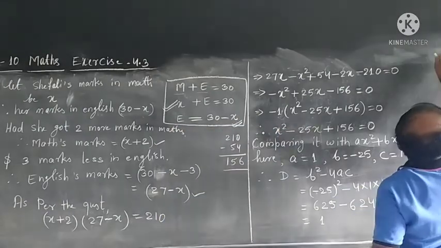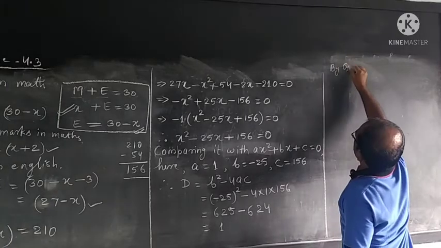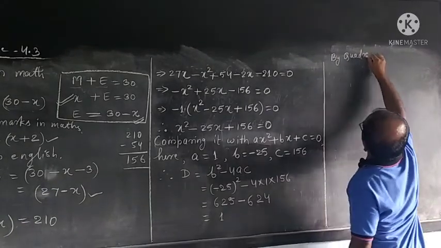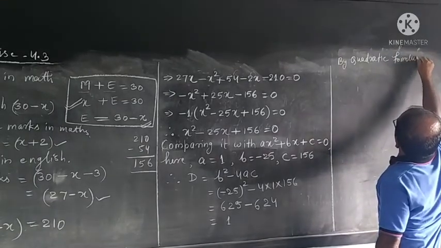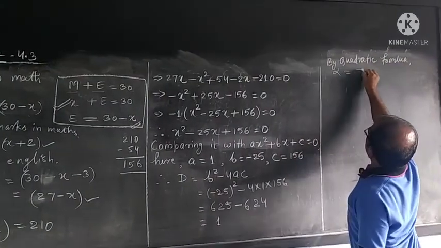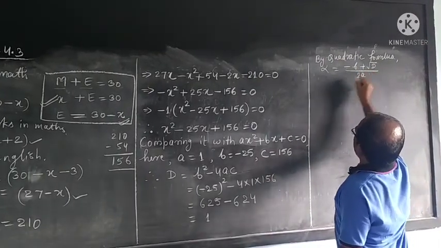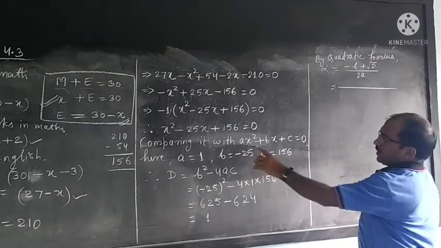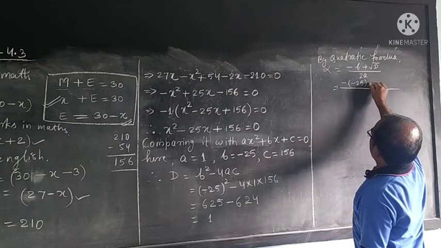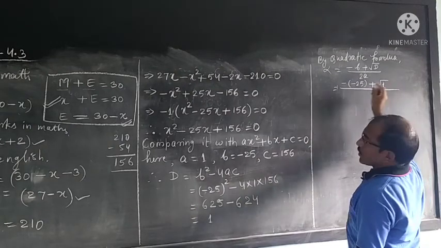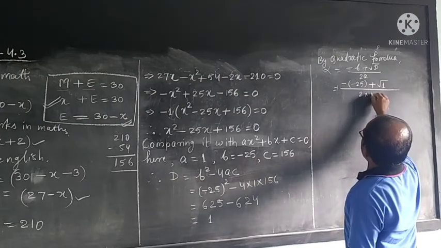Let us now use the quadratic formula and find her marks. Alpha, the first root, is minus b plus root d by 2a. b is minus 25, so minus minus 25 plus root d, square root of 1 is 1, by 2 into a, which is also 1.